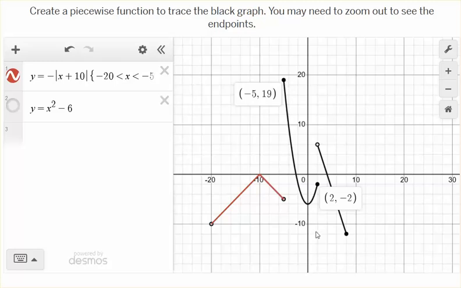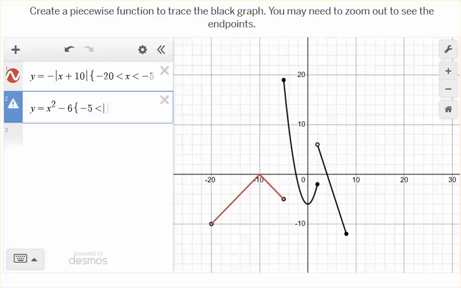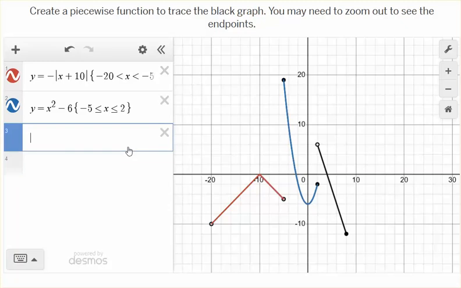So that means that they were less than or equal to. Turning my graph back on. So my inequality, -5 is less than or equal to x, which was less than or equal to, I believe that was 2, correct? Yep, 2. Close bracket. Good. So that one is complete.